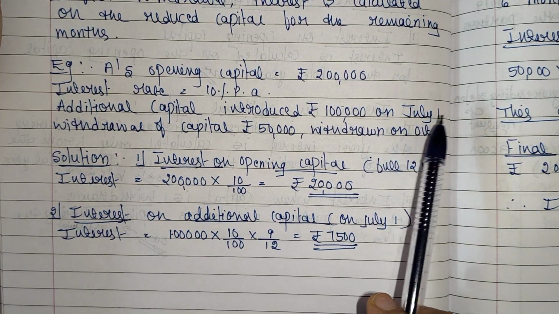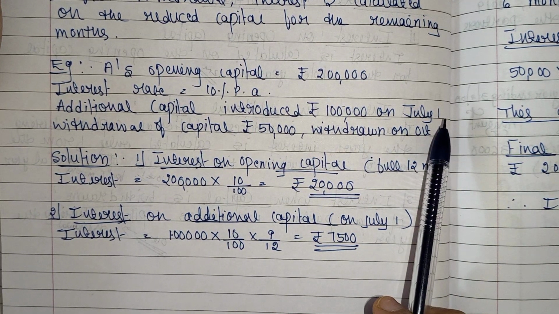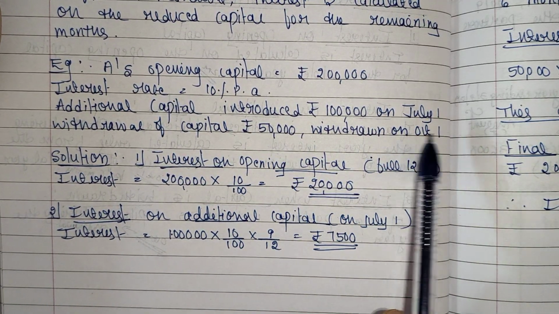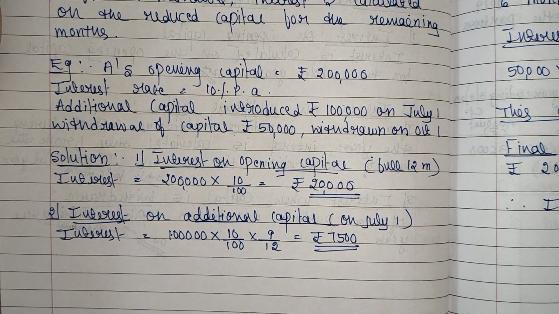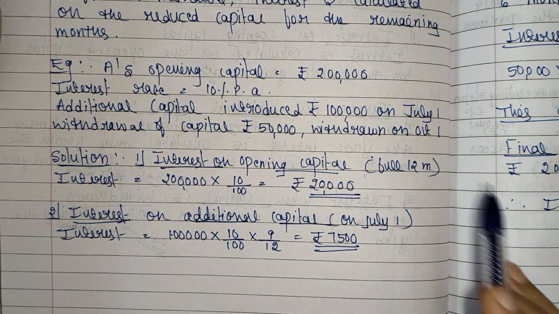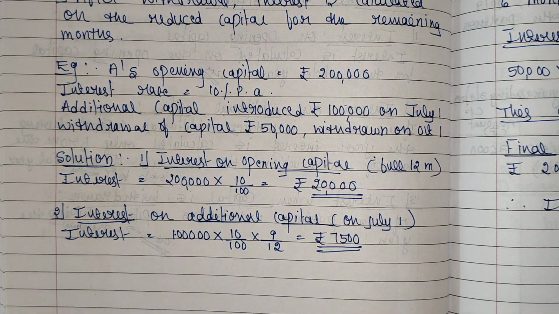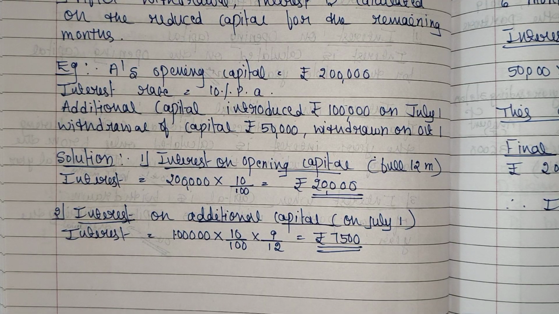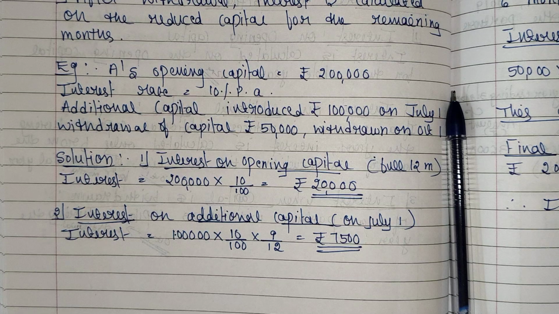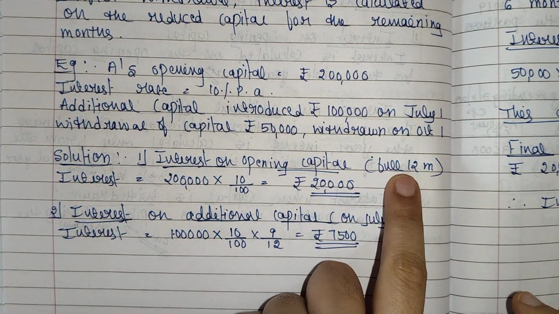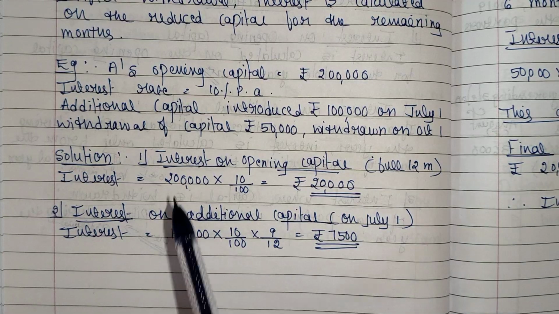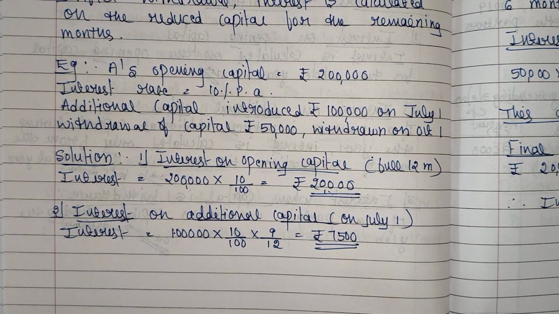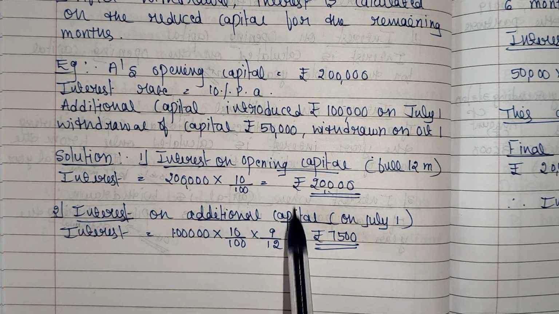Here we need to calculate the interest from July to year end, March. And withdrawal of capital is rupees 50,000, withdrawn on October 1st, means the amount remained in the business till September, but on October 1st they withdraw. So from April to September, till that we need to calculate the interest. Clear? So first, interest on opening capital for the whole year, full 12 months: 2 lakh into 10% equals 20,000.